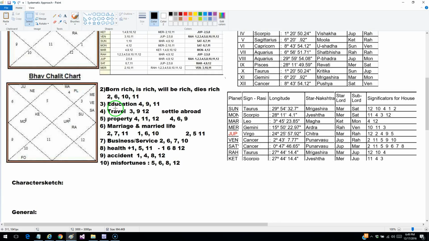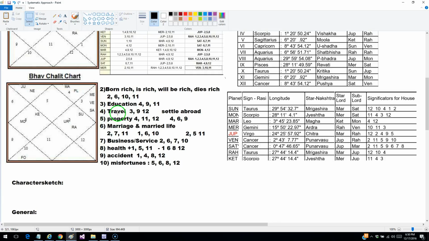Then another standard question is of course about education, which might take many shades. Whether he is going to do a PhD, whether he is going to be a research scholar, or whether he is going to become a leading scientist. Those are detailed matters, but this is a basic question about education. We know that in a horoscope, if you have many combinations of 4, 9, 11, then the person is bound to have very good education.